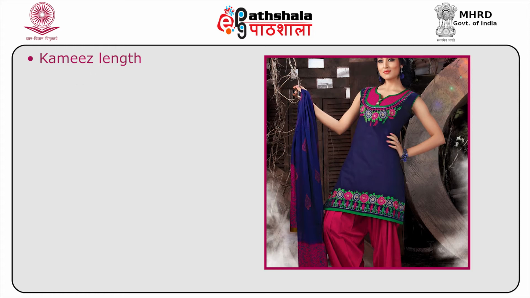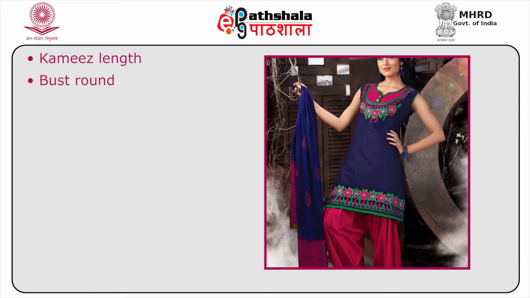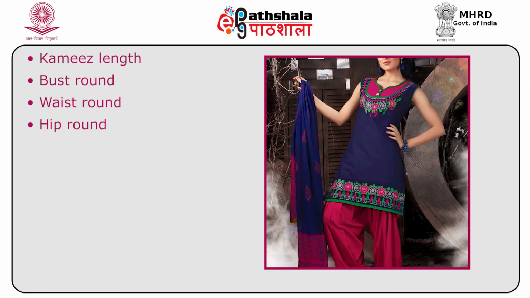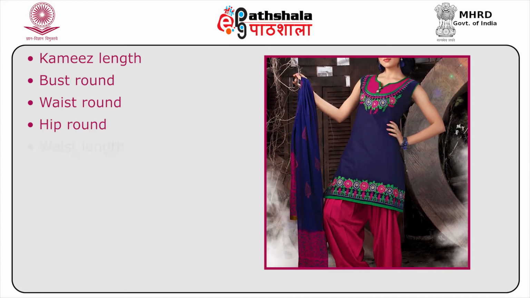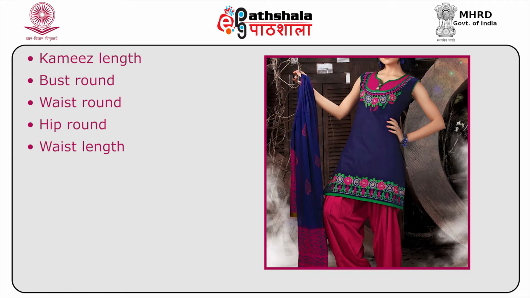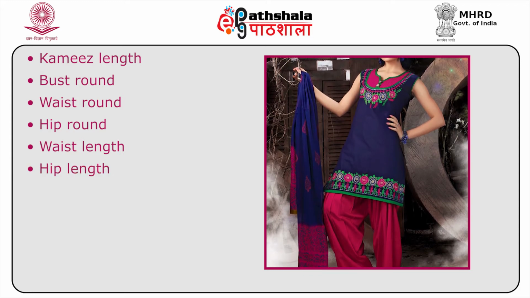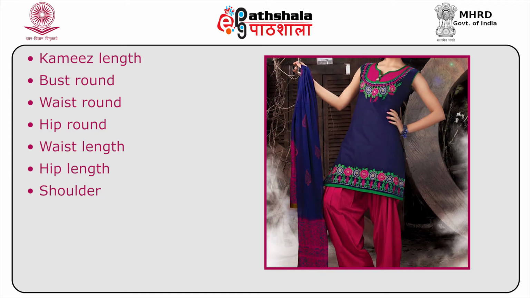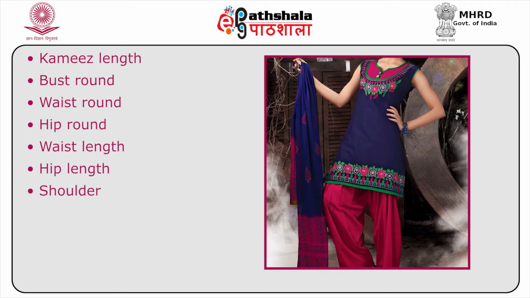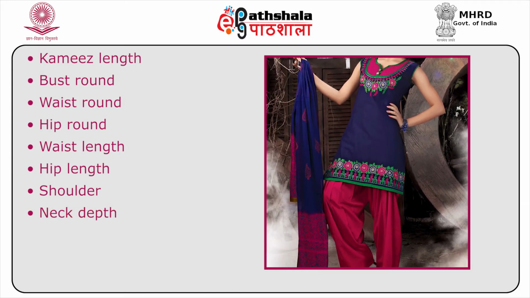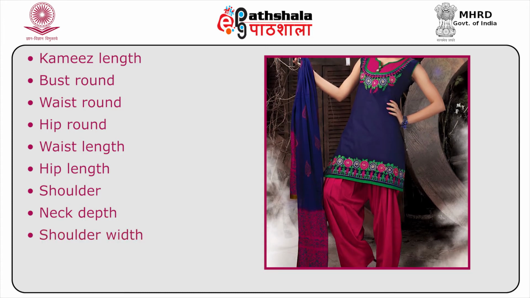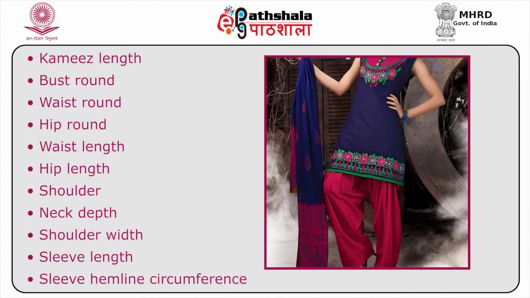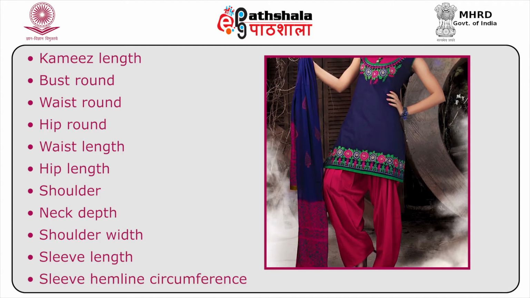Kameez length, bust round, waist round, hip round, waist length, hip length, shoulder, that is shoulder tip to shoulder tip, the neck depth, the shoulder width, the sleeve length, and the sleeve hemline circumference.